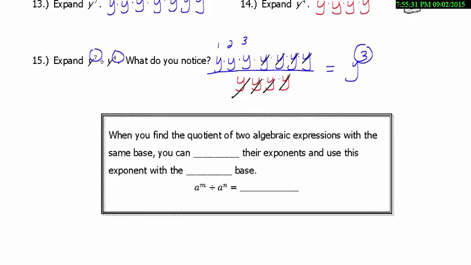So let's fill in what we have here in the box. When you find the quotient of two algebraic expressions with the same base, you can subtract their exponents and use this exponent with the same base. So, the generic form, a to the m divided by a to the n, gives us a to the m minus n.